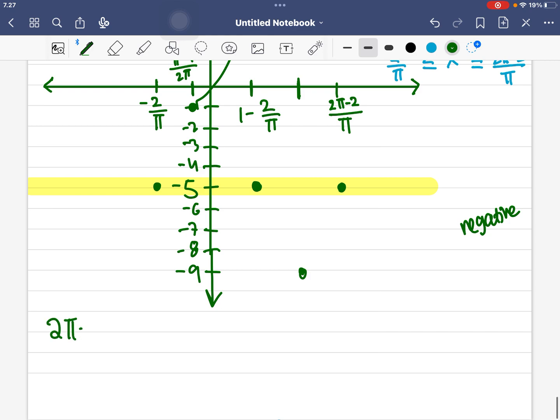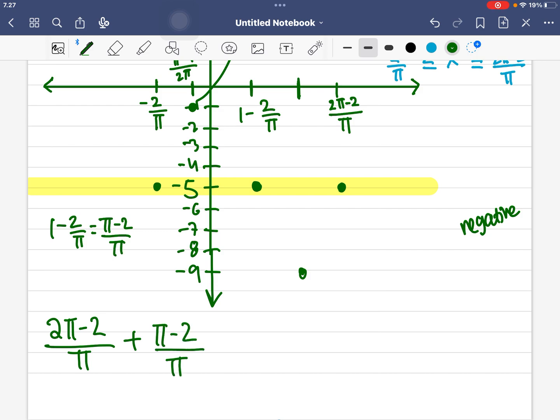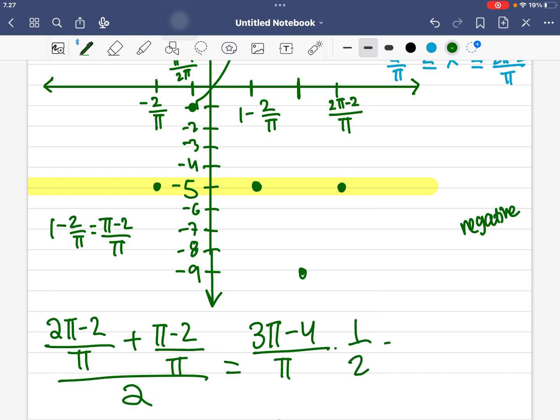Add them together. I'm going to rewrite 1 minus 2 over pi as this. Okay. And then you have to divide it by 2. So that's 2 pi plus pi, that's 3 pi. Negative 2 plus negative 2, that's negative 4. Over pi times half.